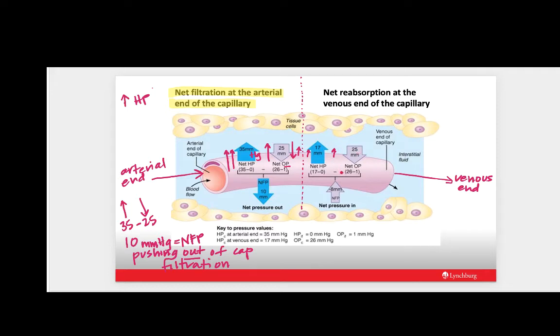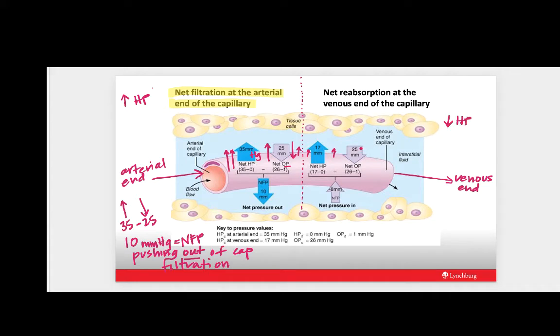That ends up resulting in a decrease in hydrostatic pressure. So look, our hydrostatic pressure went from 35 down to 17.